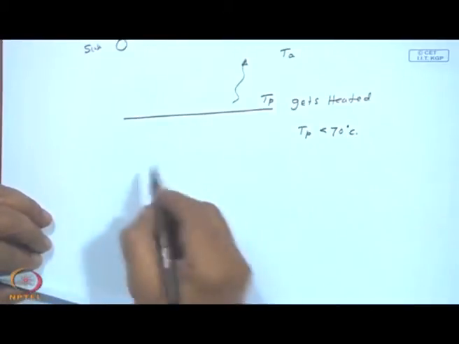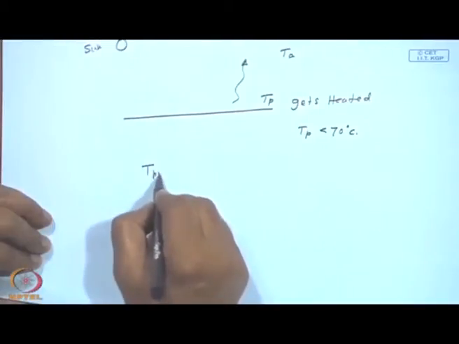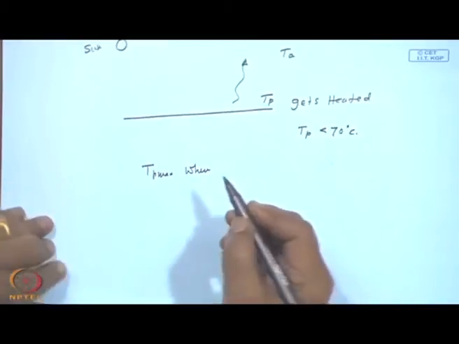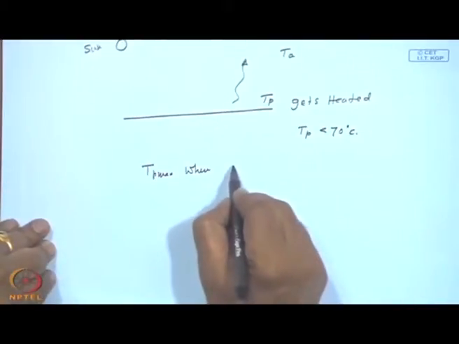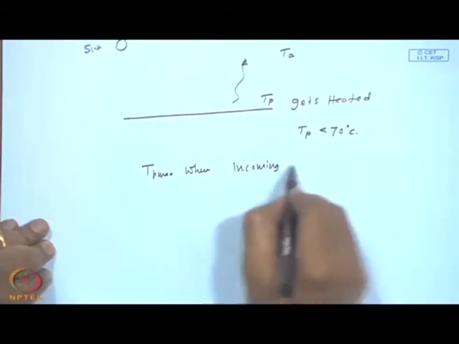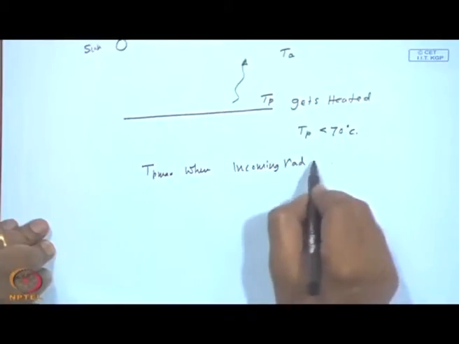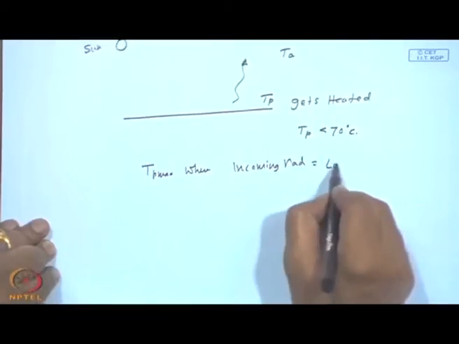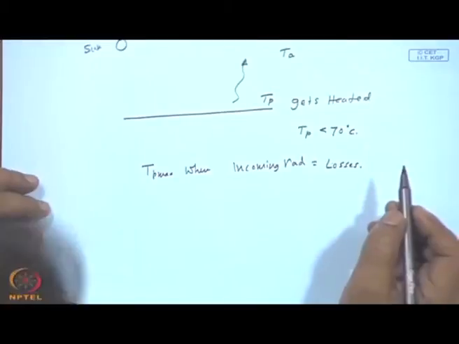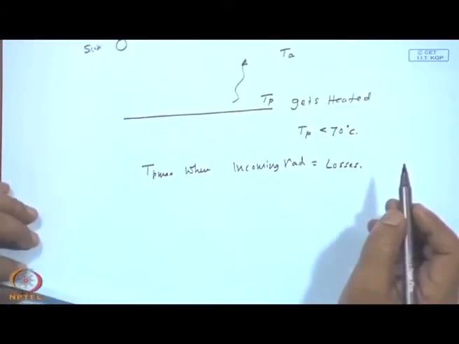So, it will reach this T P max when your incoming radiation is equal to the losses. When this happens at a particular T P, there will be no more increase in the temperature.